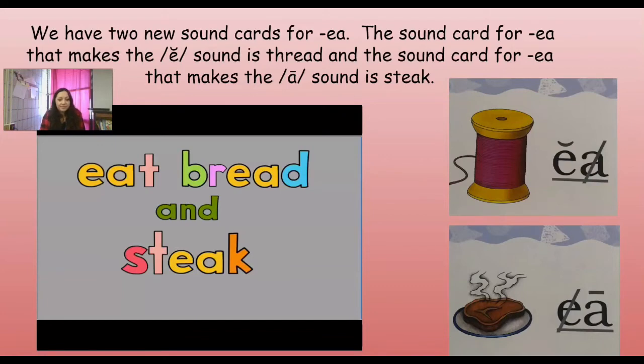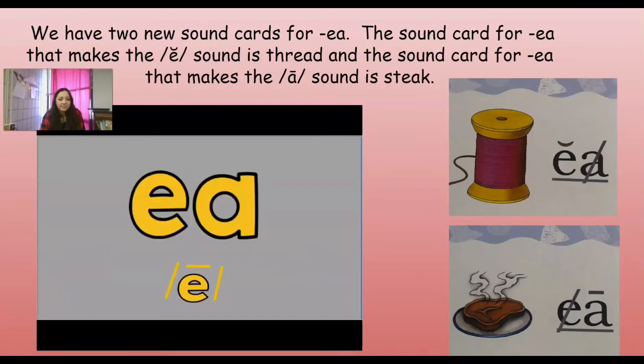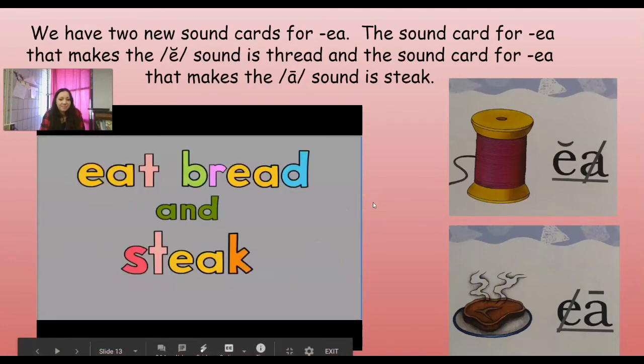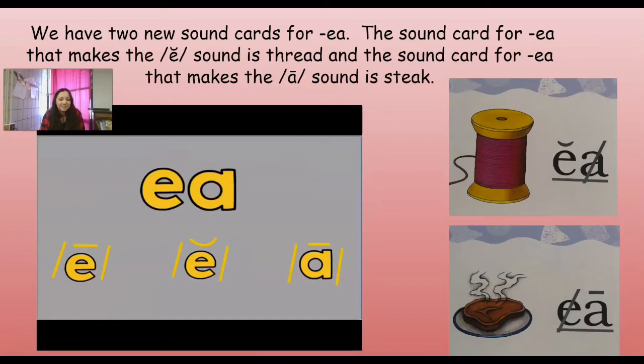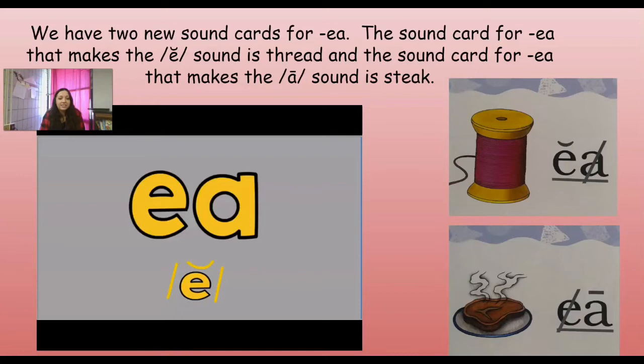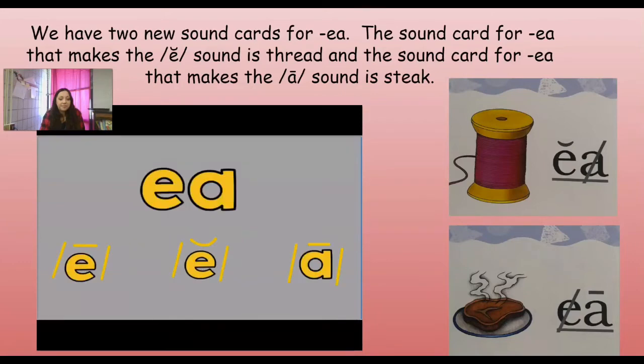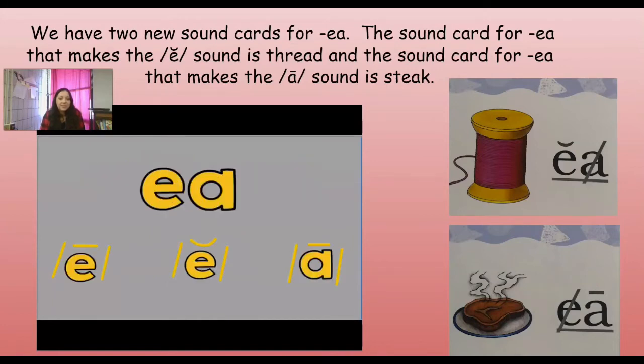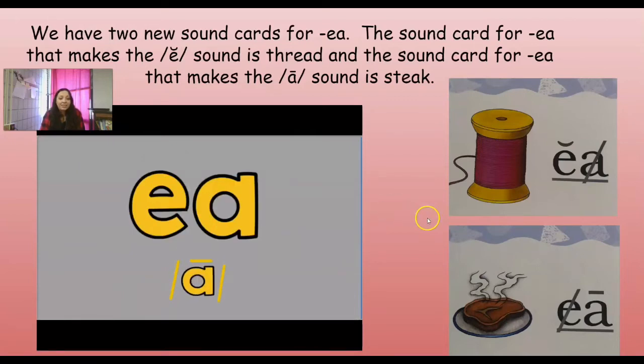Eat bread and steak, the 3 sounds of EA. E, E, A.